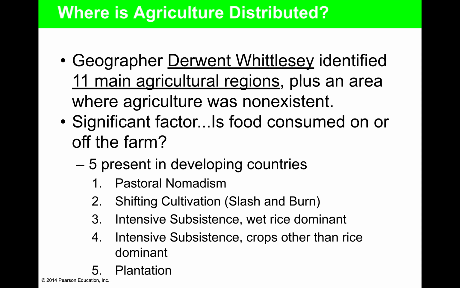Shifting cultivation is found in the tropical regions of Latin America, Sub-Saharan Africa, and Southeast Asia. And plantations are found in Latin America, Sub-Saharan Africa, South Asia, and Southeast Asia. Then for developed country regions, he found 6 regions. Mixed crop and livestock is found in the Midwest U.S. and Central Europe.